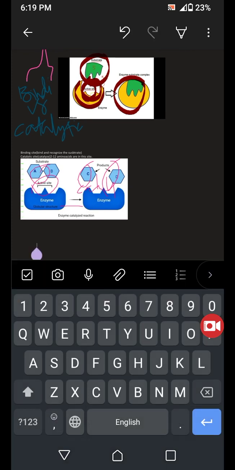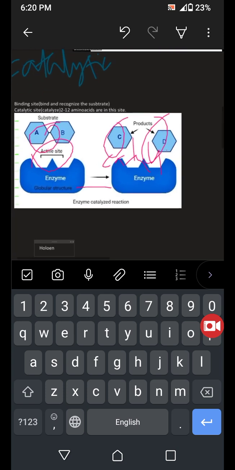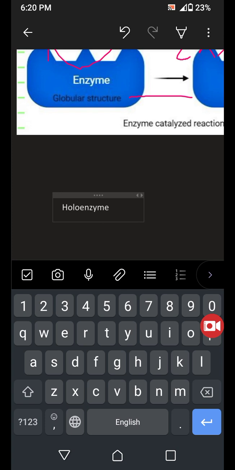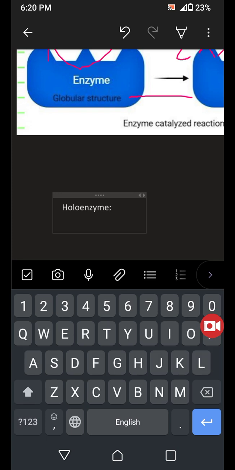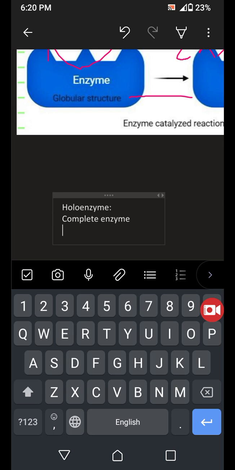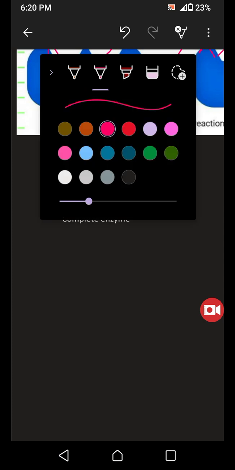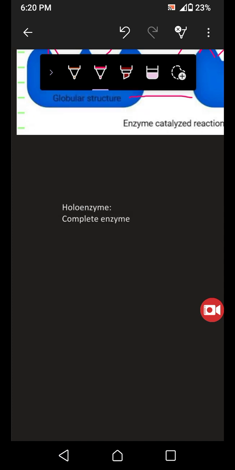Now we will discuss the holoenzyme. Okay, the holoenzyme is formed when the protein part and the non-protein part of an enzyme join together. Holoenzyme is also known as the complete enzyme. Let me draw it. This is an enzyme, a protein part.